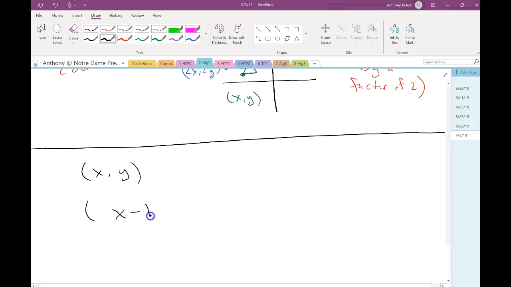I'm going to write it as a subtraction. And similarly for the y. And I'm going to pick the letters H and K to represent any kind of number I could use there. So if I'm going left 2 units, I would use -2 or whatever. Everybody's okay with that idea?